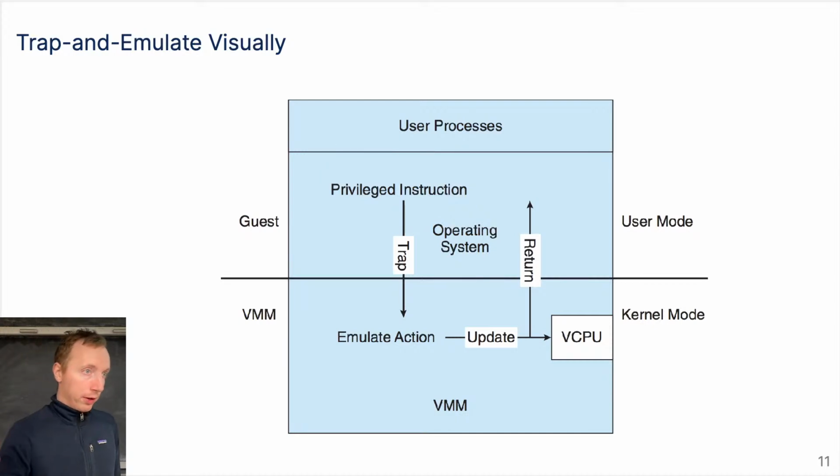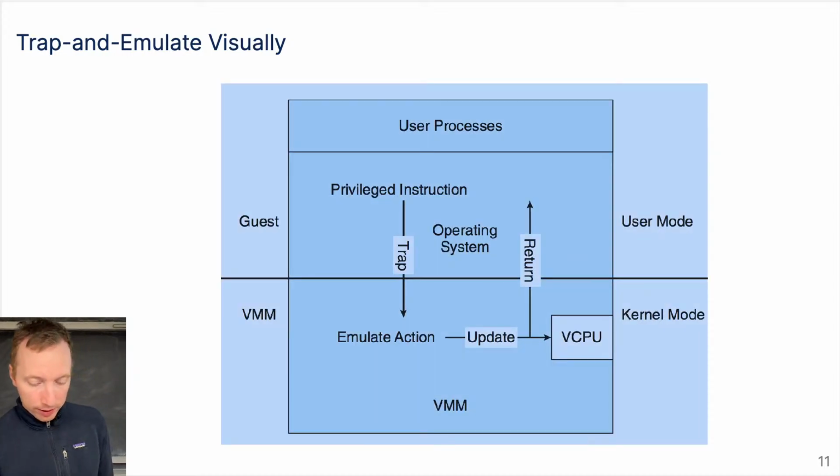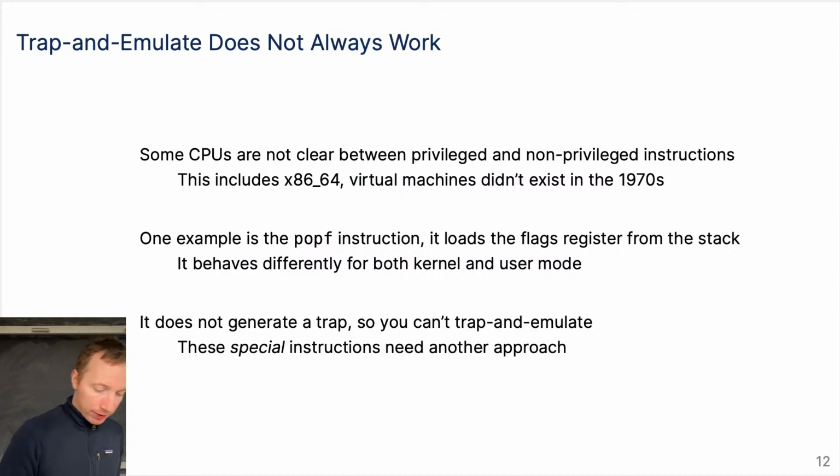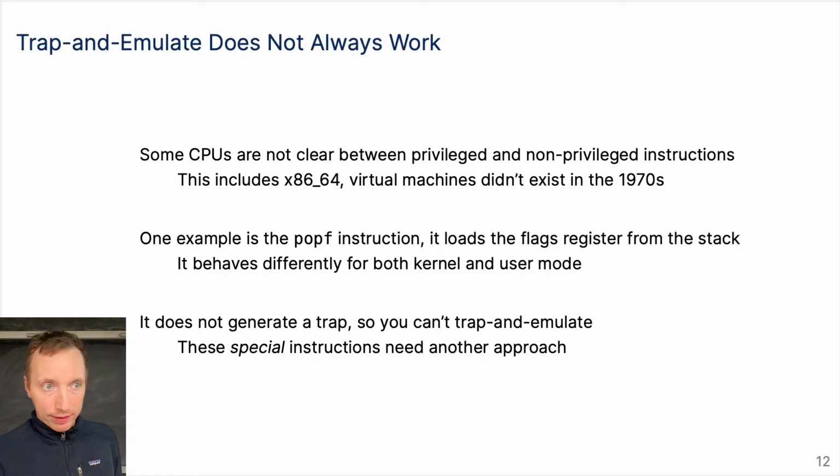If your guest kernel makes a privileged instruction, which is an instruction running in kernel mode, it's going to generate a trap, and instead of just failing, you're supposed to handle that and simulate it, then update the virtual CPU, and keep executing the next instruction. That's nice if you have a very well-designed instruction set, but this doesn't always work, especially for x86.